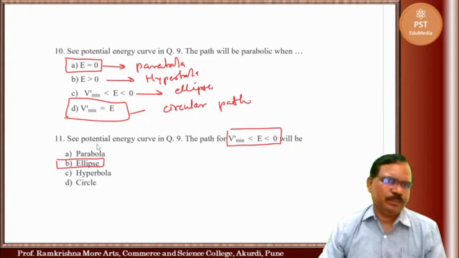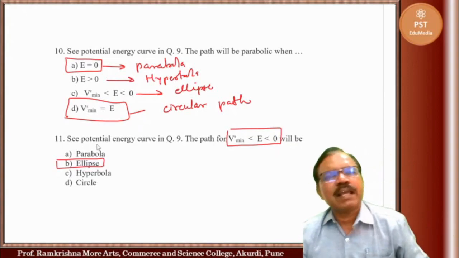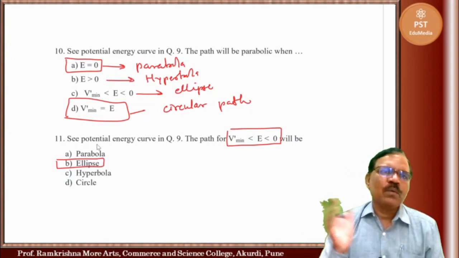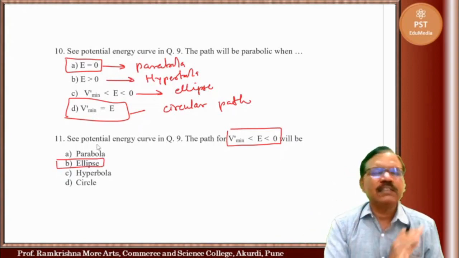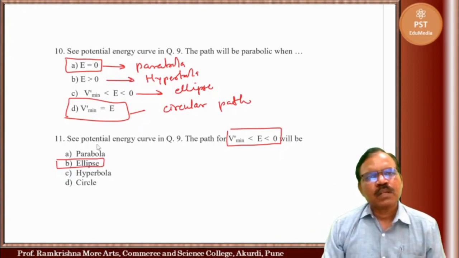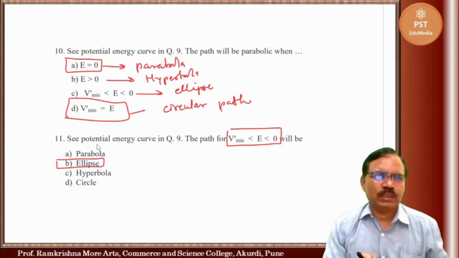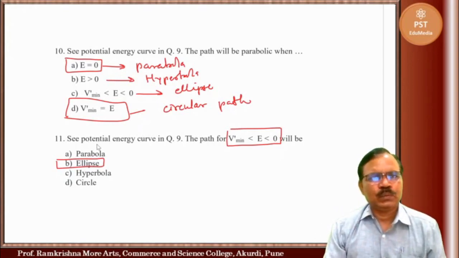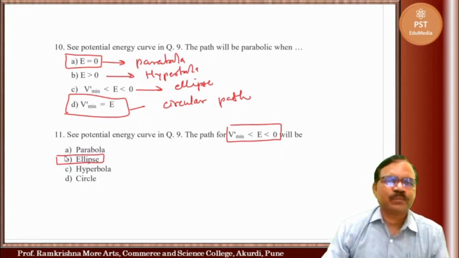So the path is decided by the energy of the particle, whether it is greater than 0, equal to 0, or less than 0. When energy is negative, the motion is bounded. When energy is greater than or equal to 0, the motion is unbounded.